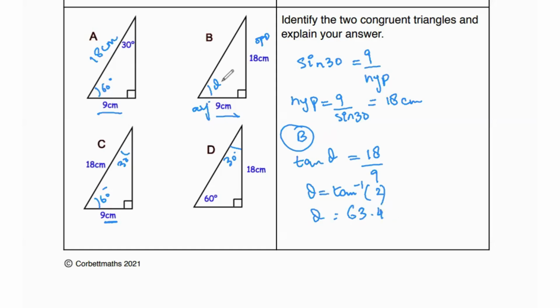So 63.4 is not matching with either of these because it's not the same. So our congruent triangles are A and C.